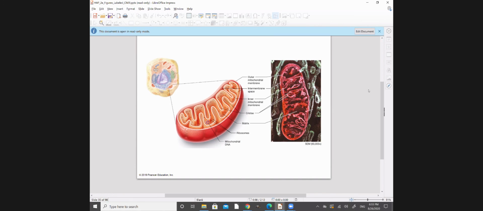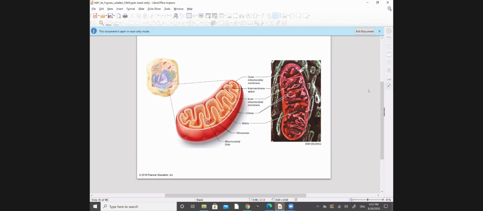These mitochondria, interestingly enough, do have their own DNAs, they do have their own enzymes and ribosomes. They're almost like a subunit of the cell inside of the cell.